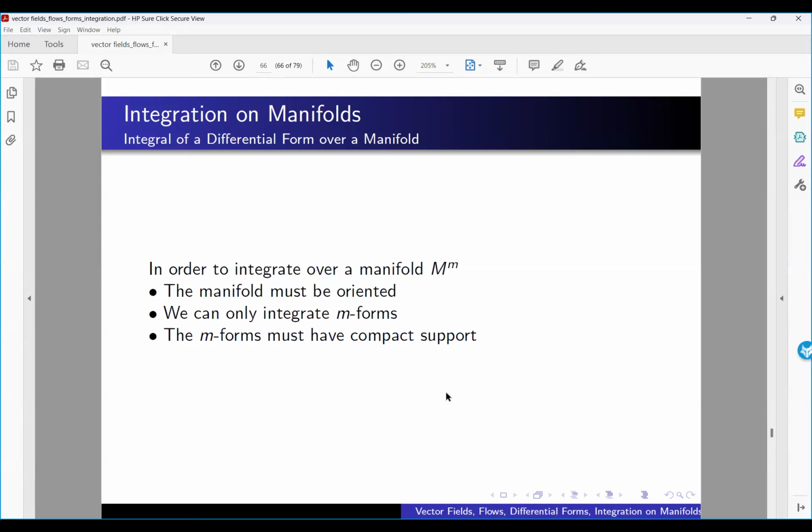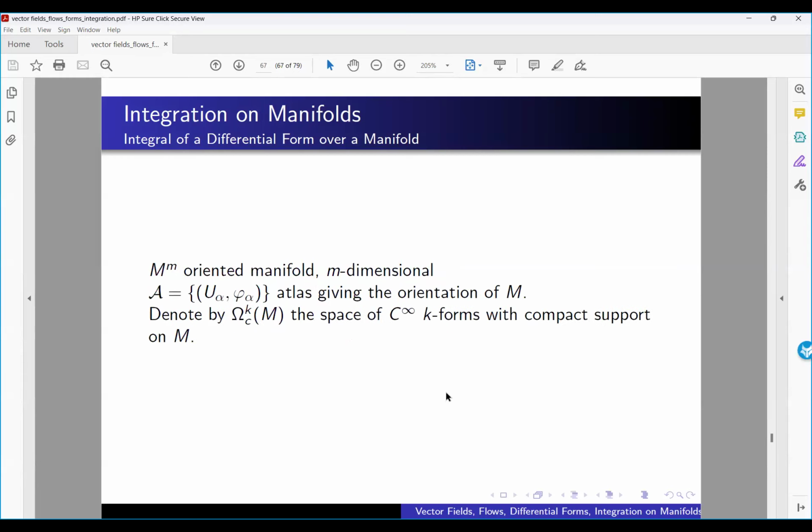Anyway, the manifold must be oriented, and over a manifold of dimension n, we can only integrate n-forms, and those n-forms must have compact support. Compact support simply means that the closure of the set where the function is defined is compact.